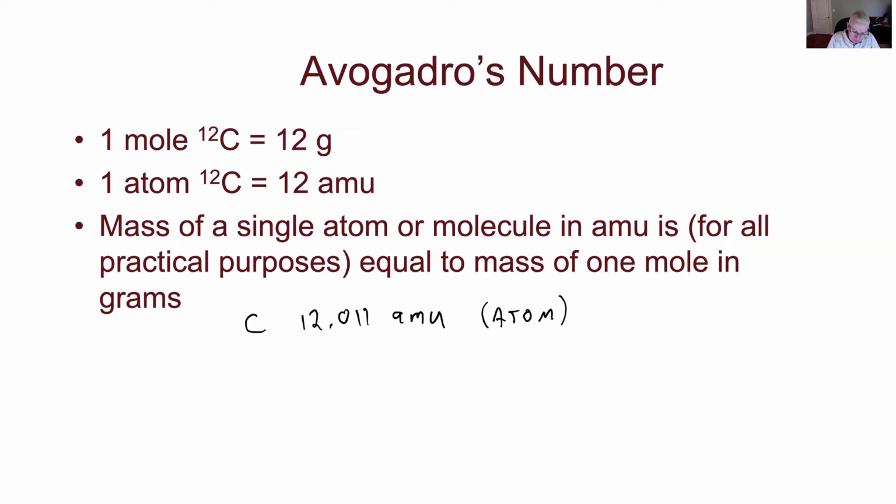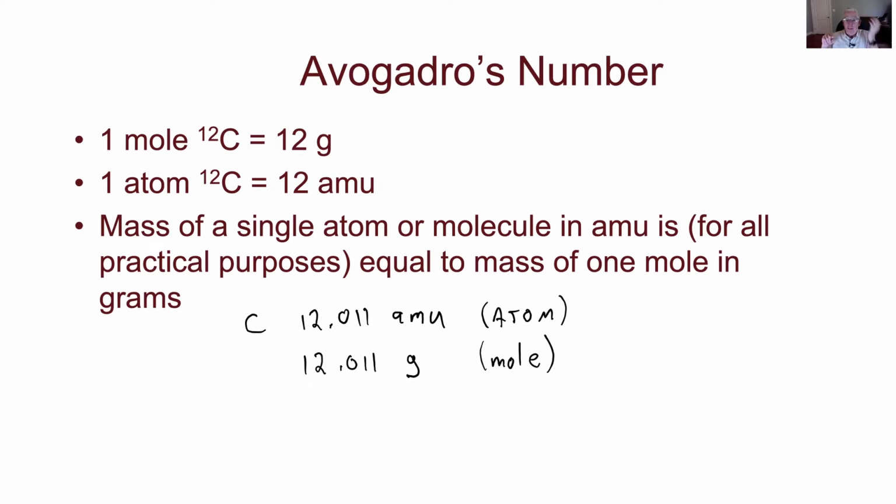And that means that a mole of carbon should be 12.011 grams. That would be a mole. And that factors in the isotopes that we talked about. That's why it's not exactly 12, because if I have Avogadro's number of carbon atoms, about 1% of them will be carbon-13. That makes my mole a little bit heavier than the 12 grams.